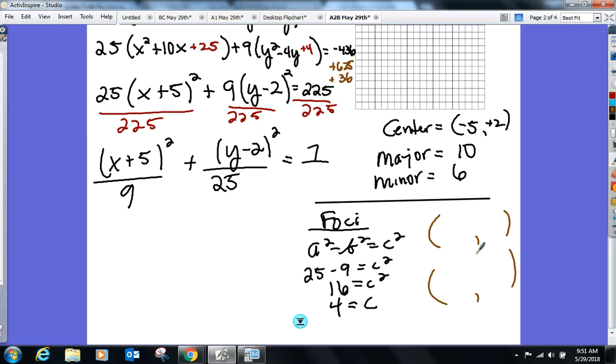So your x coordinate should not be changing. -5 and 6. Yep, there's one of them. Going up 4. What if you went down 4? -5 and -2.